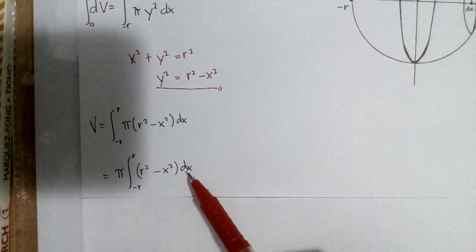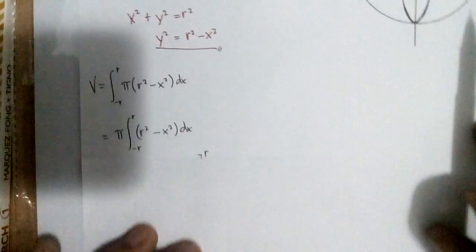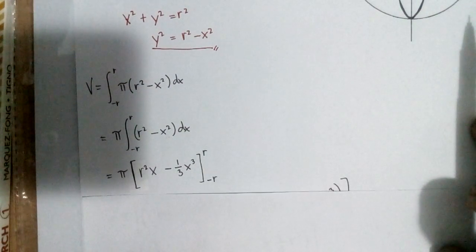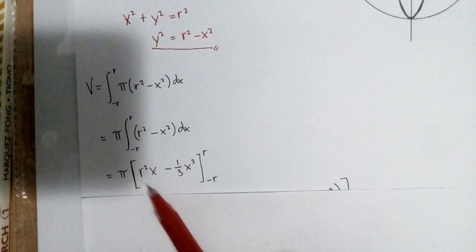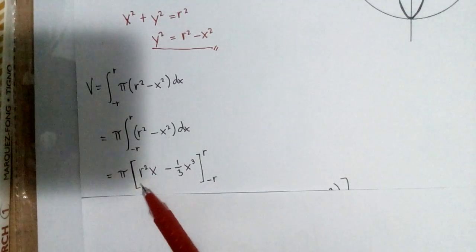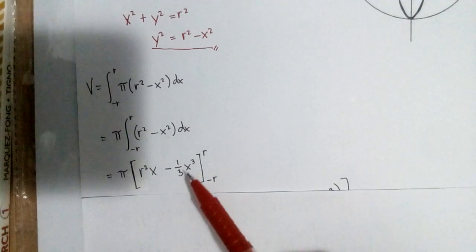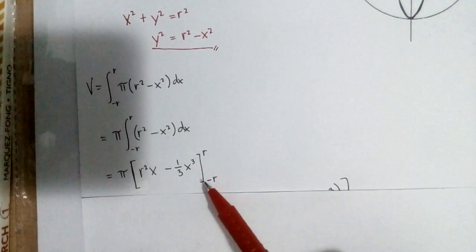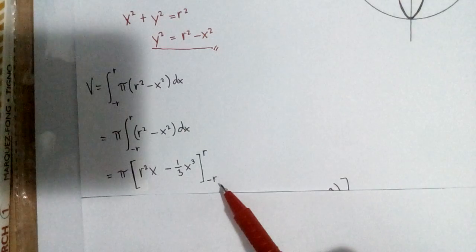But we need to distribute dx here as well, which gives us the following. When we integrate this, we get pi times quantity r squared x minus 1/3 x cubed, evaluated from -r to r.